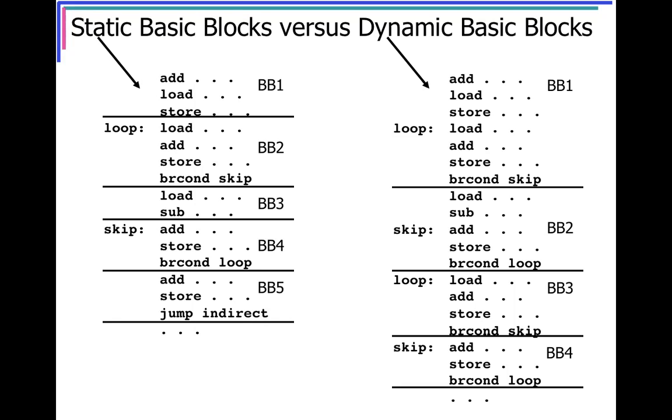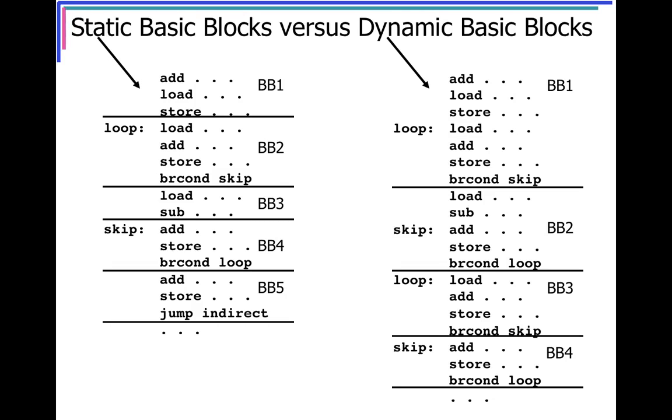Here's an example. On the left, we've produced the static basic blocks for bytecode instructions of a Java method. On the right, we've produced dynamic basic blocks for those same instructions. For static basic blocks, we identified our leaders.